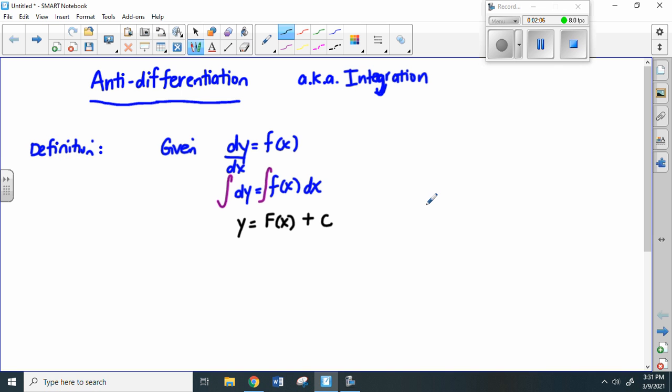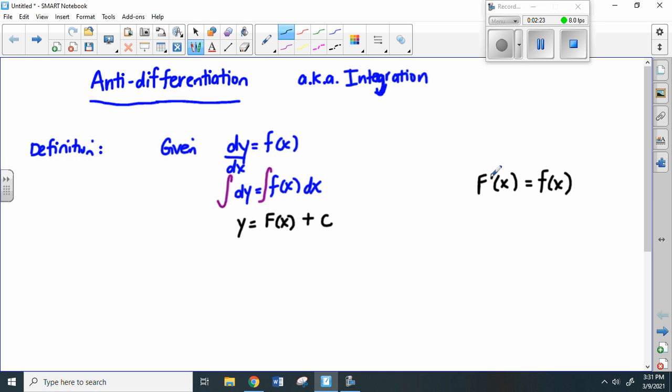And then keep in mind that you should always be able to check yourself, because if you take the derivative of what you just got, you should always be able to go back to the original f of x.